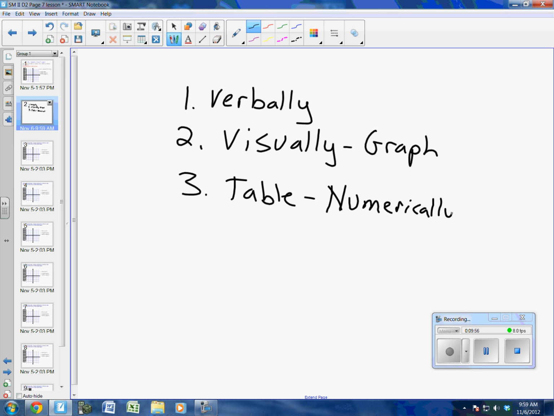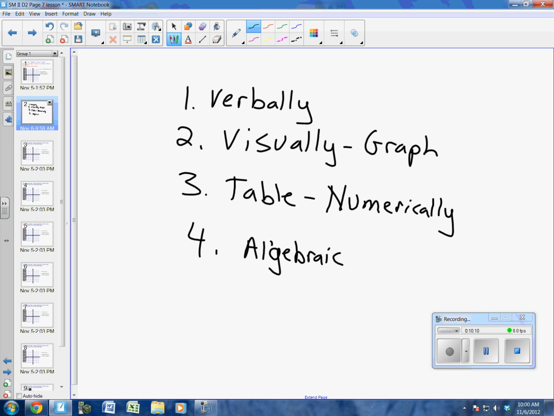What's the other way? An equation. We call that algebraic function, which is just an equation. Hey, by the way, there's another word you need to know that goes along with this. It's the word explicit.